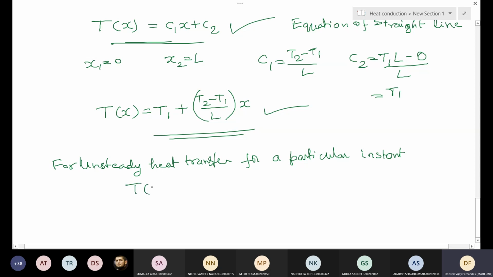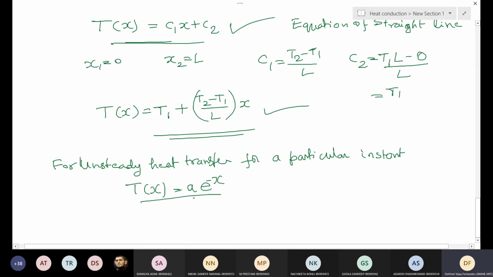So you can write T of X, maybe say some constant A into e to the power minus X, or it can be some other function, a quadratic function.